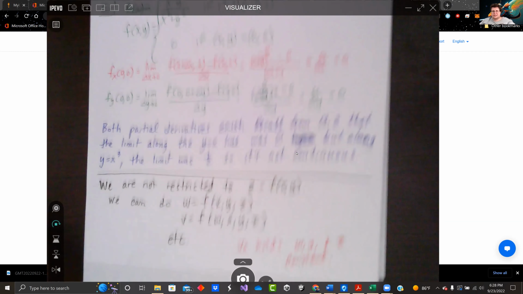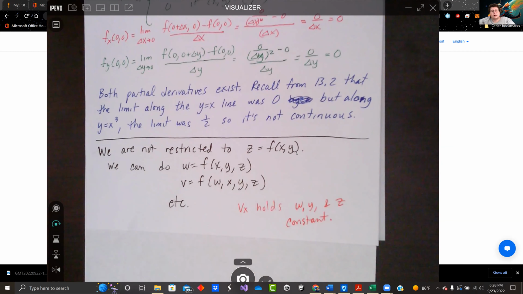And we're not restricted to z equals f of x, y. We can upgrade it to having 3 variables in our function, w equals a function of x, y, z. We could do 4 variables where v is a function of w, x, y, z. So saying something like v subscript x is doing the partial derivative with respect to x of v, which means holding w, y, and z constant.